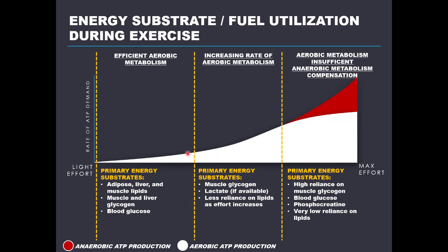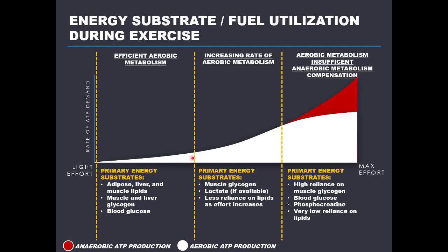More specifically, the rate of ATP demand is very slow. So the primary energy substrates or the primary fuel source here can be adipose, liver, and muscle lipids or fats. Muscle and liver glycogen, you can utilize those as well, and also blood glucose.